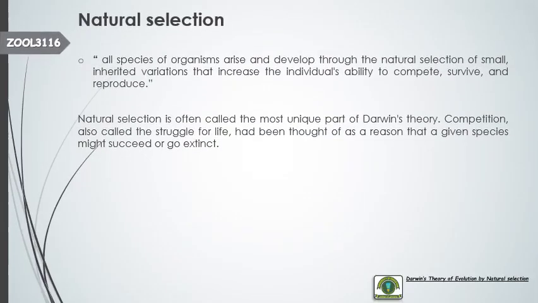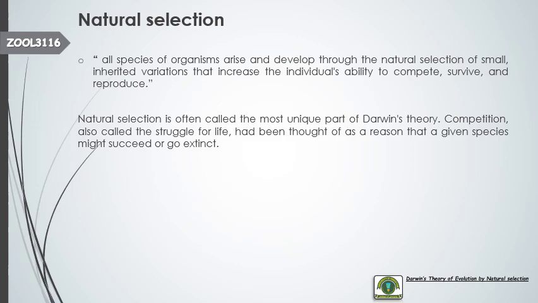Okay, natural selection. The precise definition of natural selection is that all species of organisms arise and develop through the natural selection of small inherited variations that increase the individual's ability to compete, survive, and reproduce. In a simple way, we can say that the adaptation of an individual to a changed environment is called natural selection.